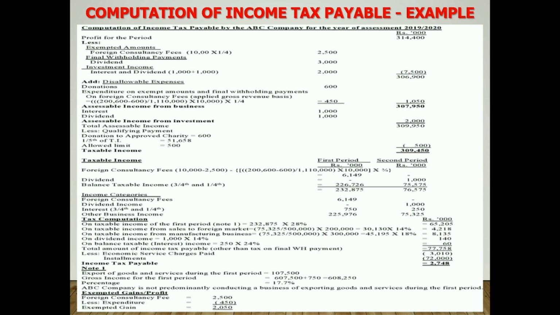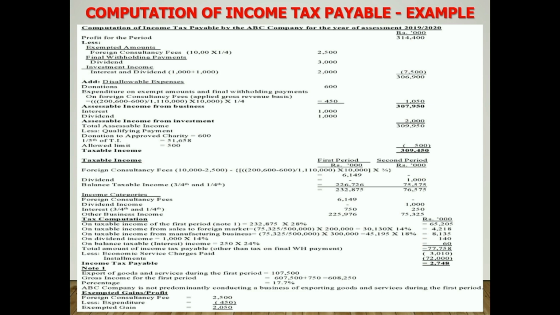Then an adjustment is made for disallowable expenses incurred on exempt amounts and on final withholding payments. However, no expenses were incurred on final withholding payments according to the information.